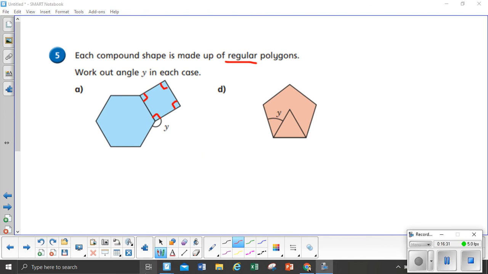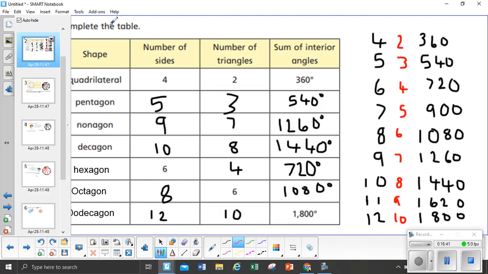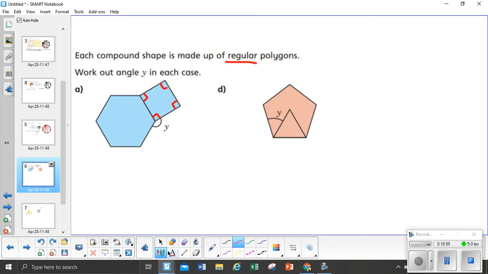Now this shape has got 1, 2, 3, 4, 5, 6 sides. If I go to my chart before, and there it is. 6-sided shape is a hexagon. The sum of the interior angles for a hexagon is 720. Just going to make a note of that.